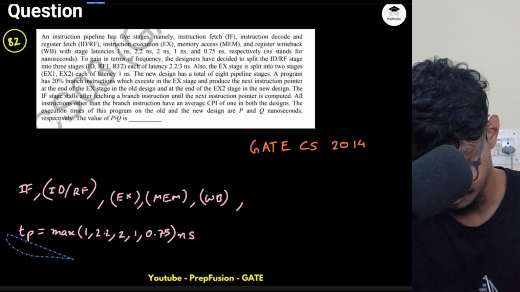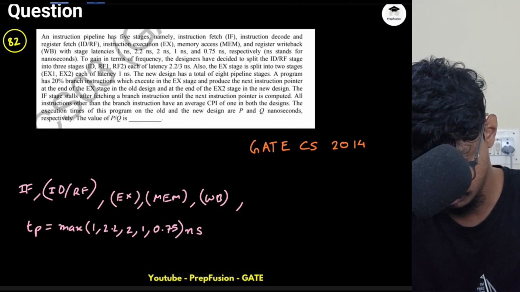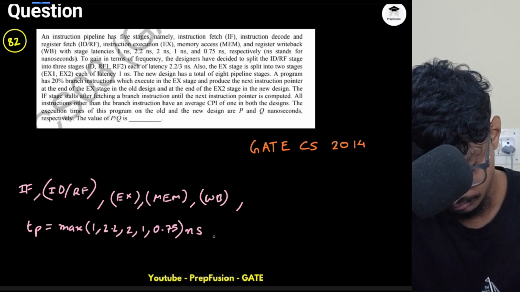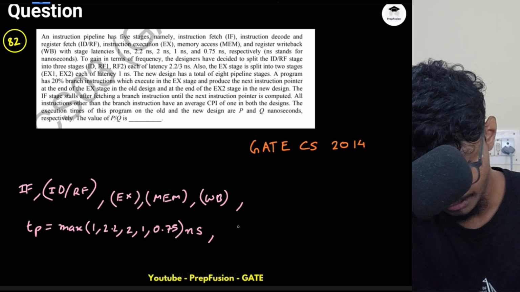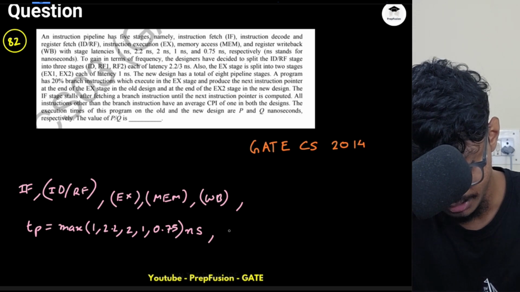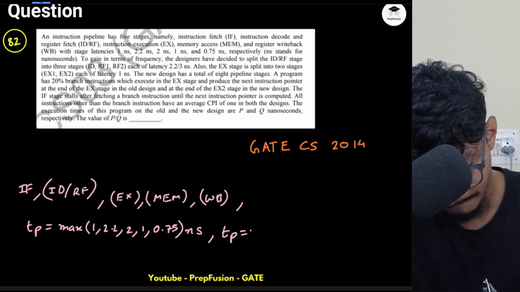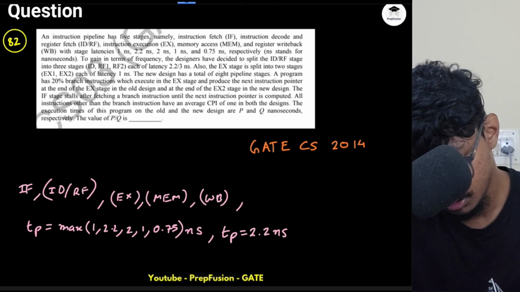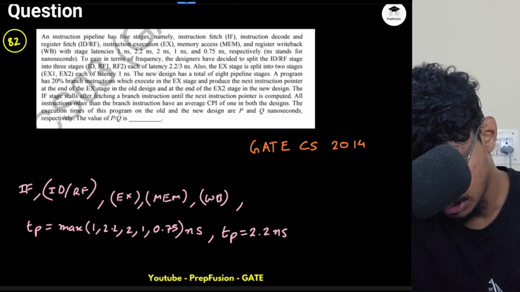So this will simply be the max of 1, 2.2, 2, 1, 0.75. So TP will be 2.2 nanoseconds. And what else are they telling me?